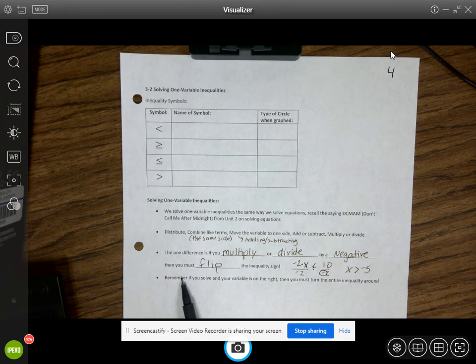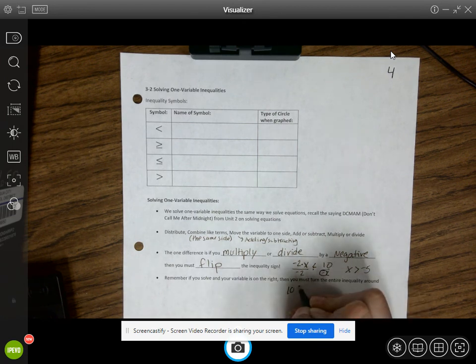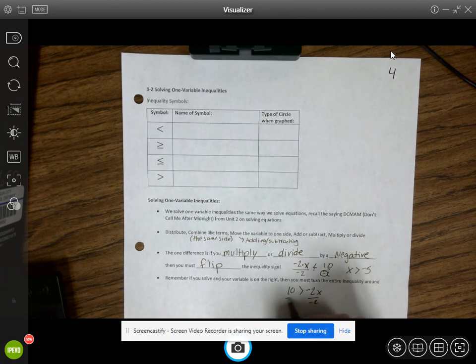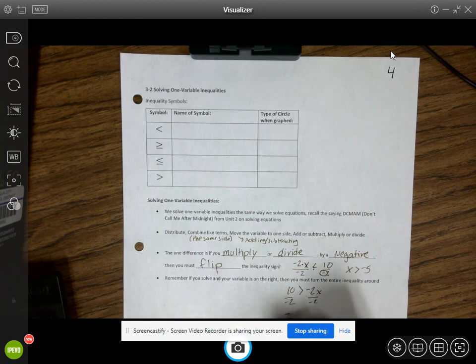Remember in the last lesson that if you solve and your variable's on the right, then you must turn the entire inequality around. So if this said 10 was greater than negative 2x, and I'm going to divide by negative 2, I'm going to get my negative 5.